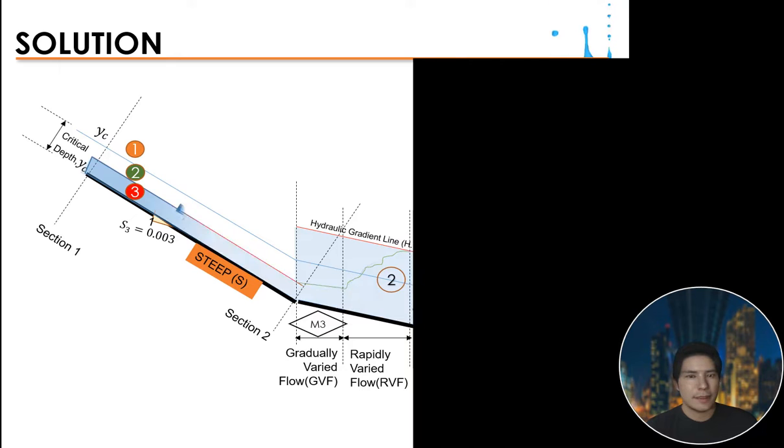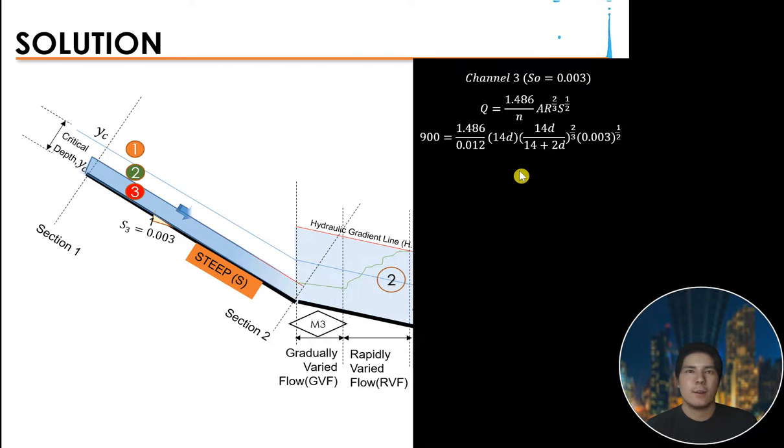Okay, we have this M3. In channel 3, the slope here is 0.003, so this is what we consider, because our goal here is to first compute the YN.